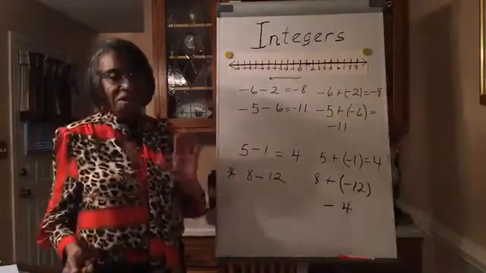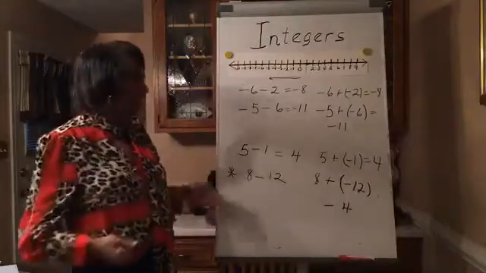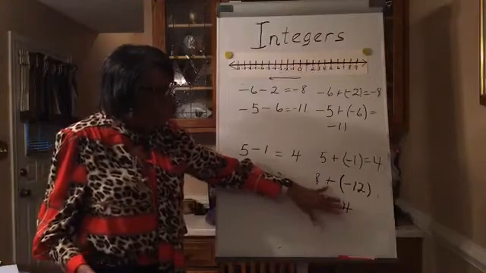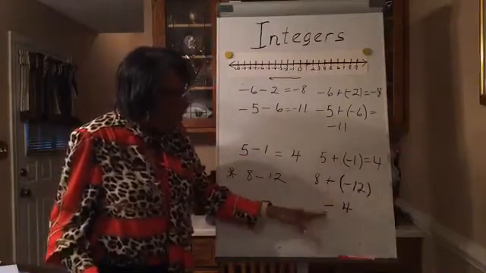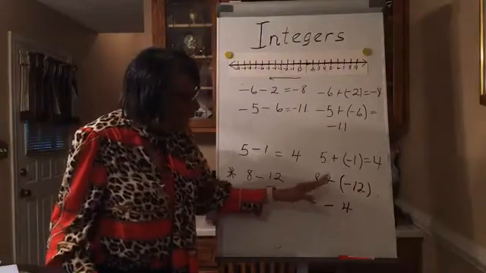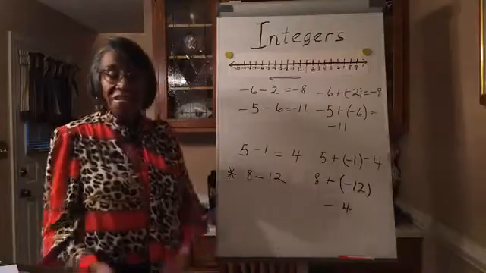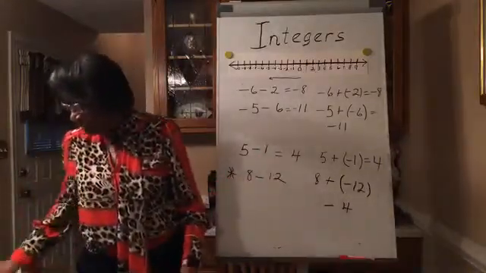A negative plus a negative is a negative sum, and we add the numbers. When we have a positive and a negative, like here, we take the absolute value of each of them, and we subtract, and we use the sign of the number that has the larger absolute value. So how simple can that get?